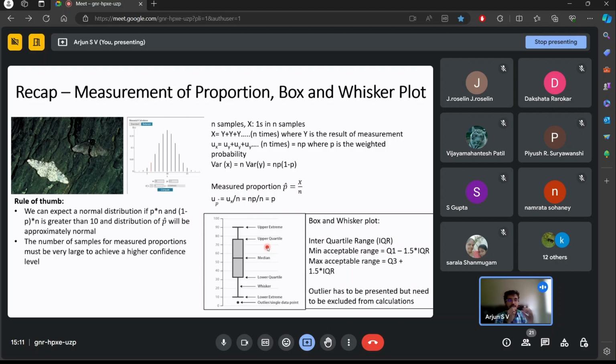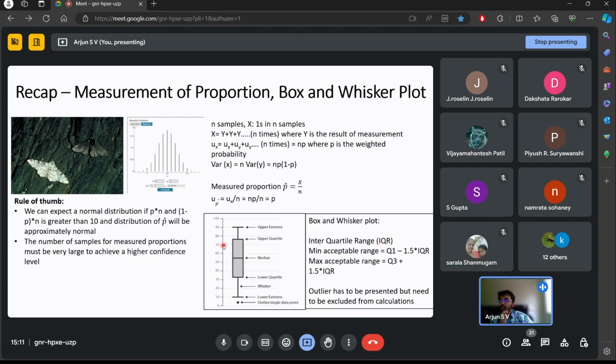So that will be Q3, and this distance between the lower quartile and upper quartile, Q3 minus Q1, will constitute your interquartile range, which is abbreviated to IQR.